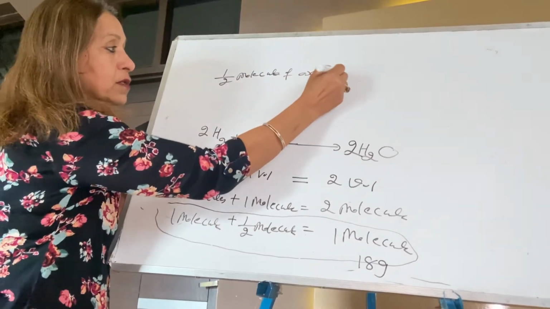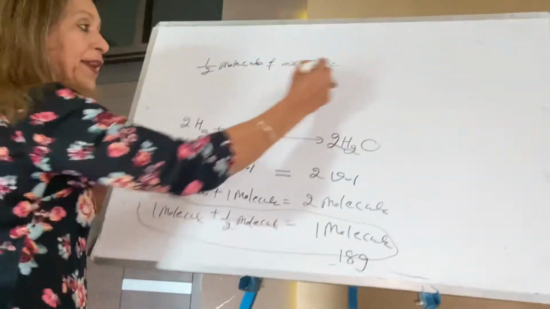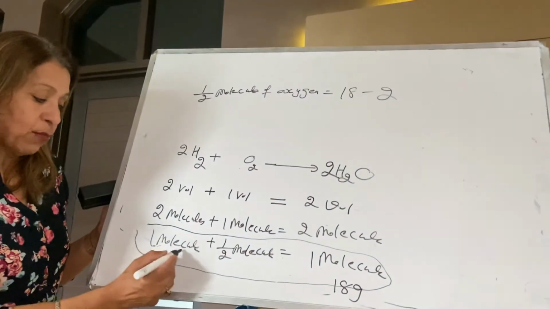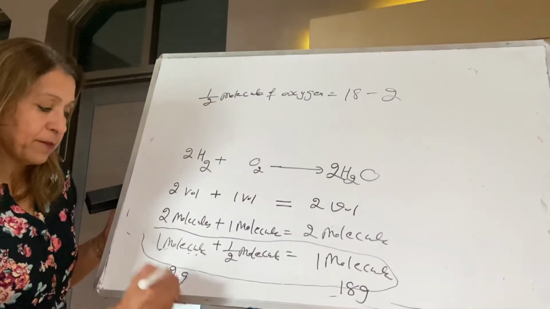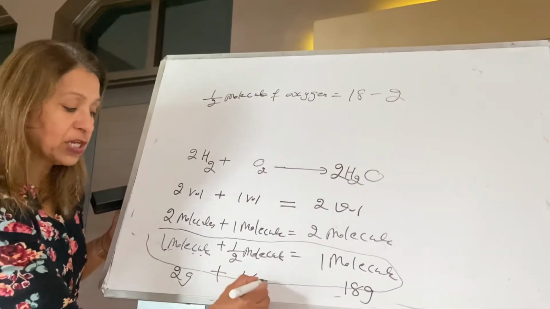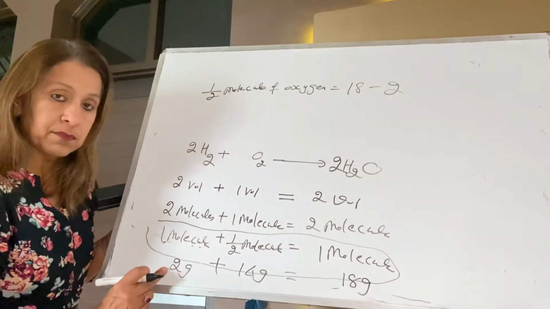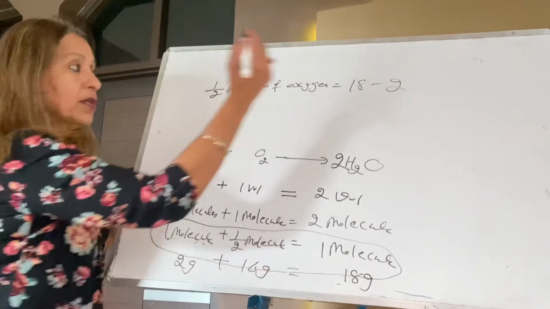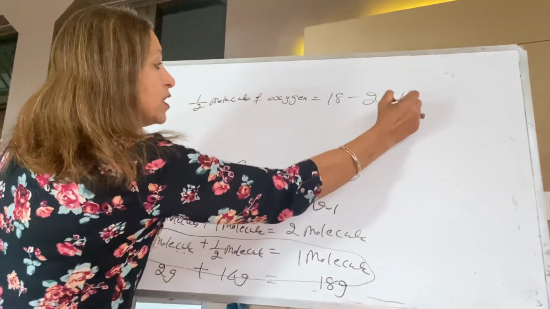It is 18 minus 2. One molecule of hydrogen has weight 2 gram. That means it has weight 16 gram. Write down: 2 gram plus 16 gram is equal to 18 gram.